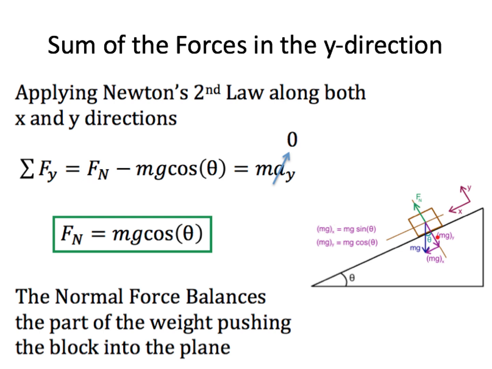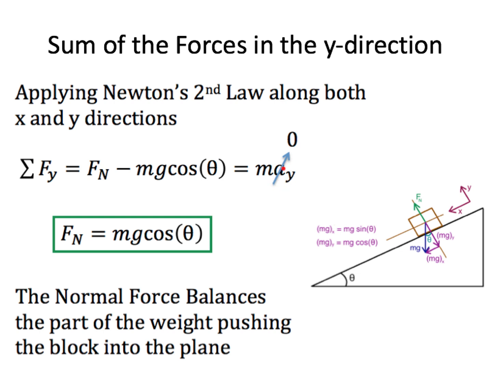The y component of the weight, which we already said was mg cosine of theta, is in the negative y direction. So when I sum up those two forces, those are the only two forces in the y direction. I have positive normal force minus the mg cosine of theta, and that's equal to ma in the y direction.